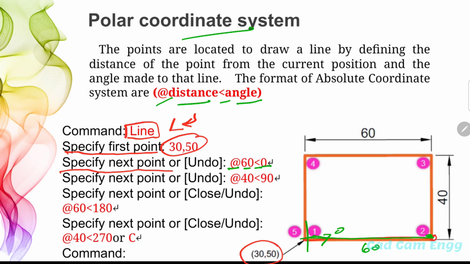So in the polar format we use the @ symbol, distance 60, less than symbol, angle 0. Here we type directly 0. There is no need for the degree symbol. Don't forget, you directly enter the numeric values.